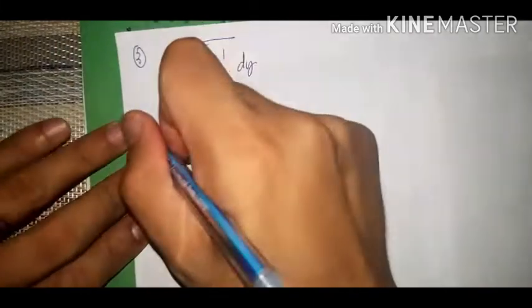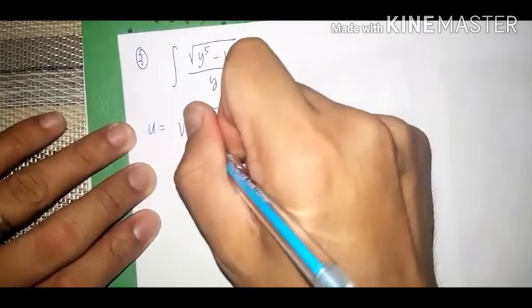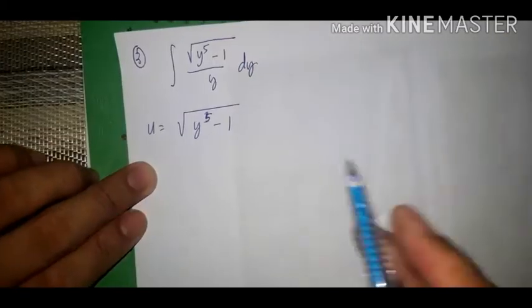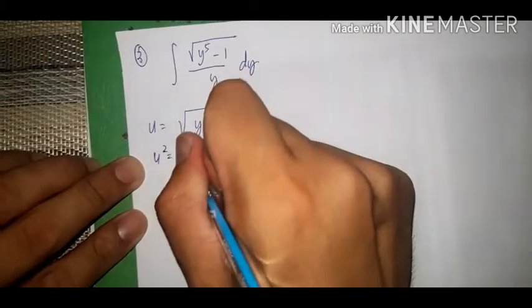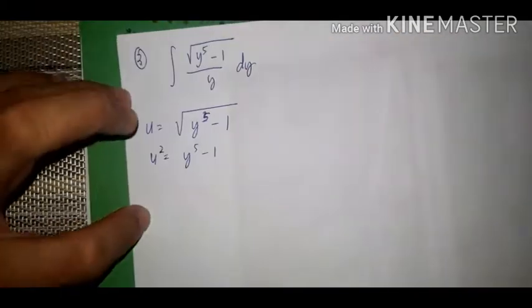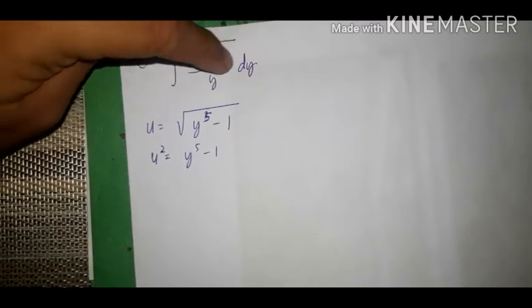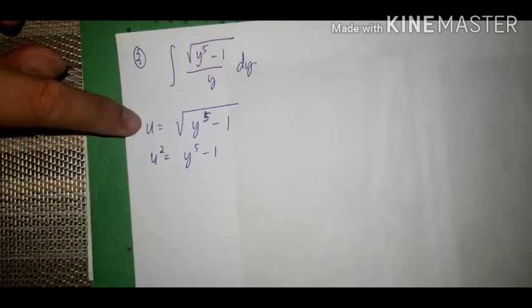So, I can use u be equal to the square root of y to the 5 minus 1. So, to eliminate the radical, I need to square both sides. So, u squared is equal to y to the 5 minus 1. So, syempre, mawawala na yung radical mo dito, which can be substituted as your u.